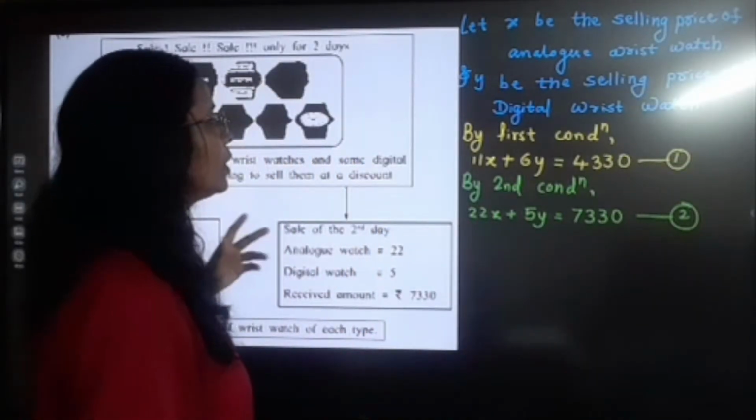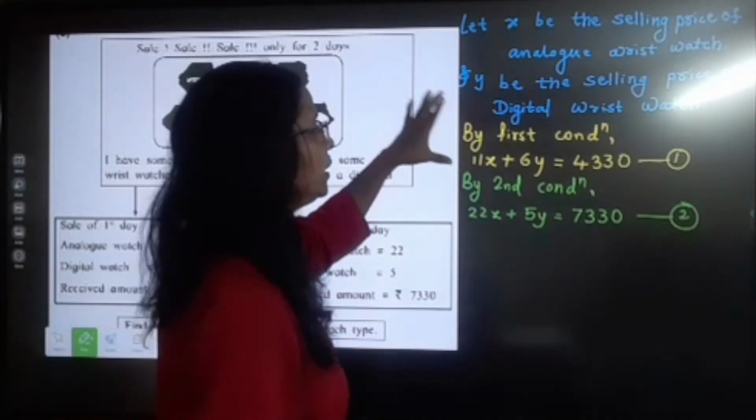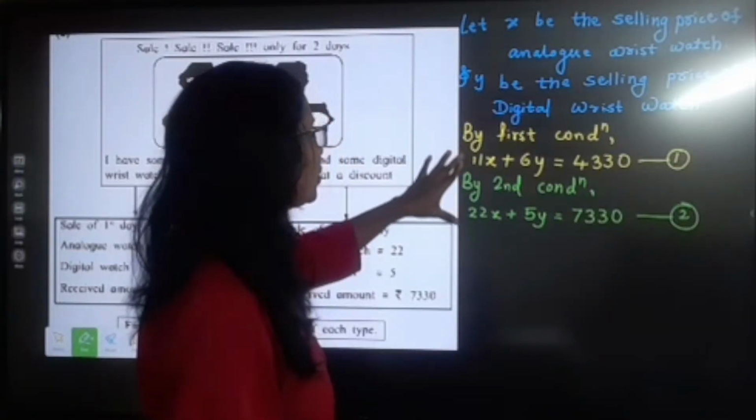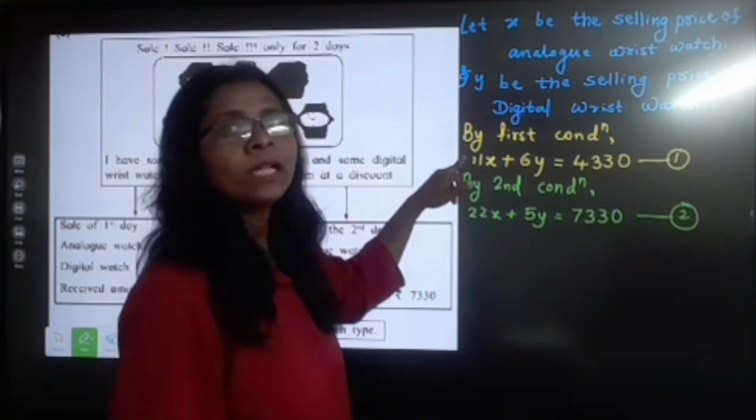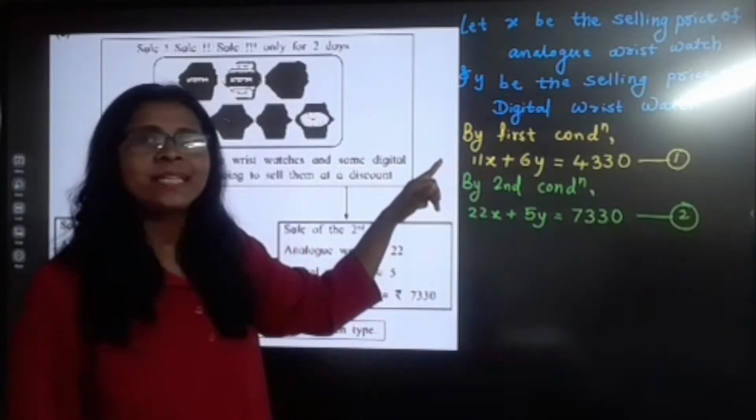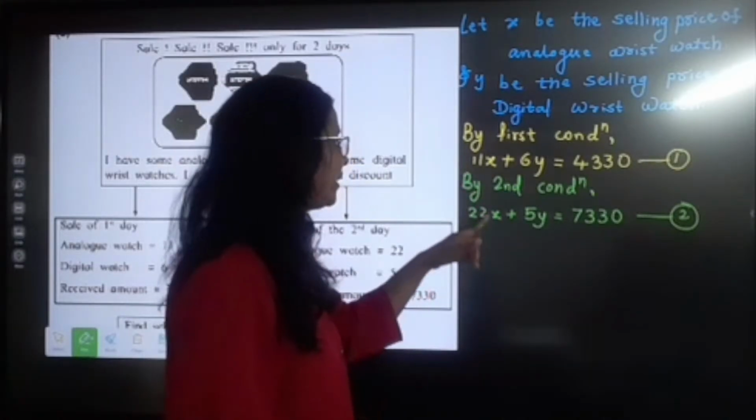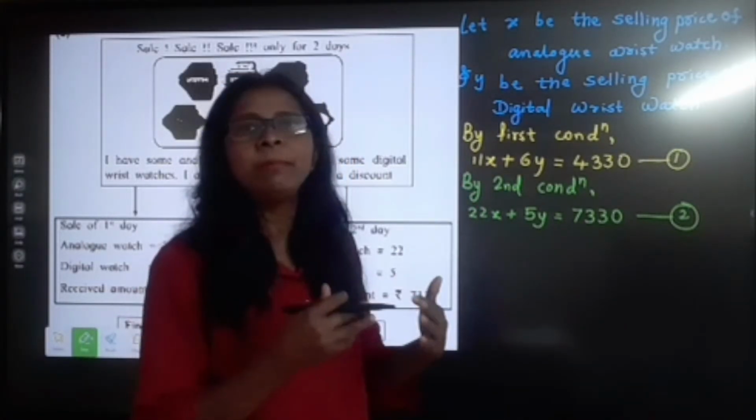Now students, if you observe these two equations, the coefficient of x in the first is 11 and in the second equation is 22, which is a multiple of 2.